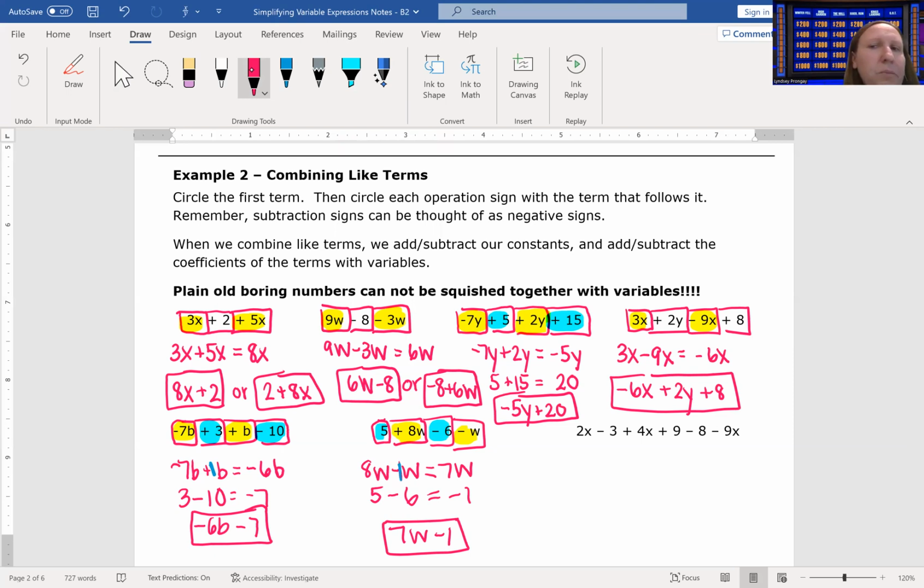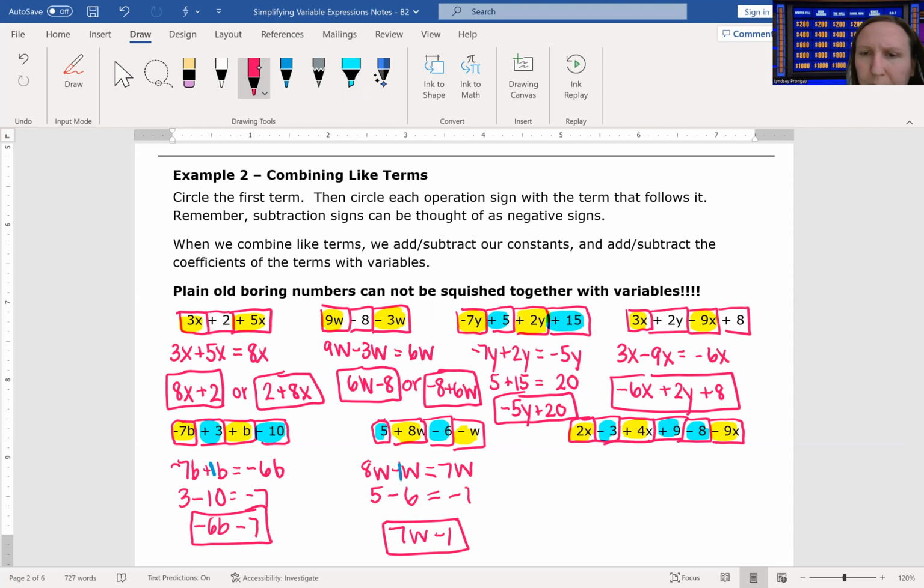And last example, a little bit bigger here. So we're just going to take it slow and make sure we're combining together what we're allowed to combine. So 2x minus 3 plus 4x plus 9 minus 8 and minus 9x. My variables here that I can combine are 2x plus 4x minus 9x, and minus 3 plus 9 and minus 8.